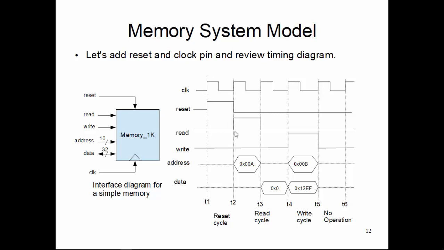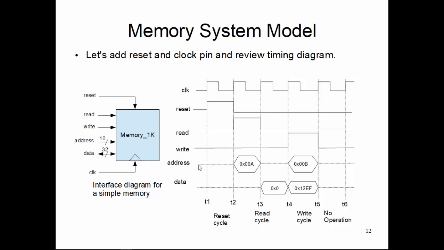At T2, I issue a read high and write stays low. That means it's a read operation I'm requesting, and I'm also providing an address. One side thing to know: I didn't represent the value of this address between T1 and T2 with another hexagon, because in this diagram it is not important.